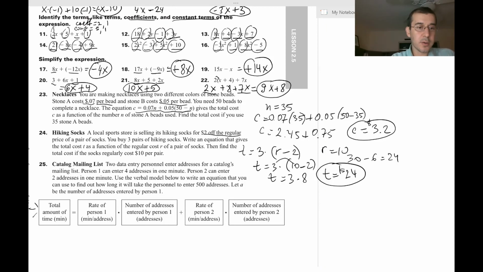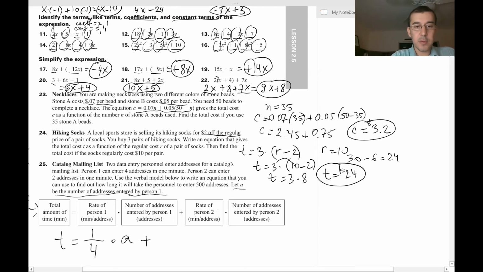Okay, so total amount of time, that's T. Then rate of person 1, minutes per address. So in 1 minute, person 1 can enter 4 addresses. Then times number of addresses entered by person 1, that's A, plus rate of person 2.